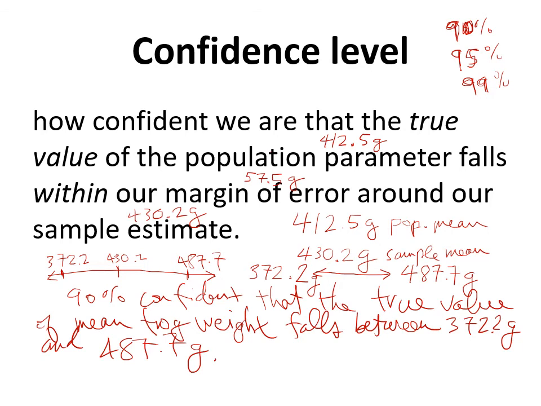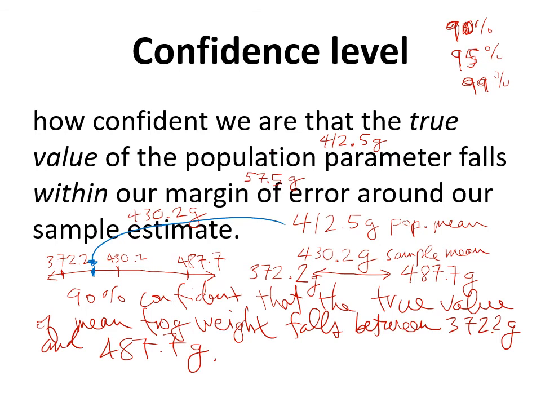And so 412.5 grams would fall on this number line, kind of like right over here. So that might be a way to think about it, right? So that's the true population mean, whereas our sample mean was 430.2. But once you take into account this margin of error, it actually does capture the true population mean. So that's how we make use of the margin of error and confidence level.